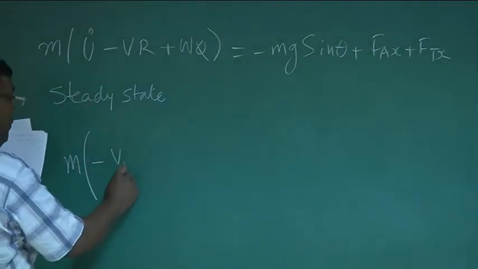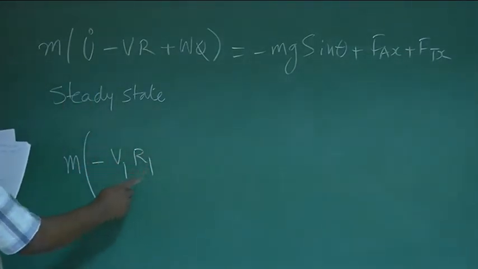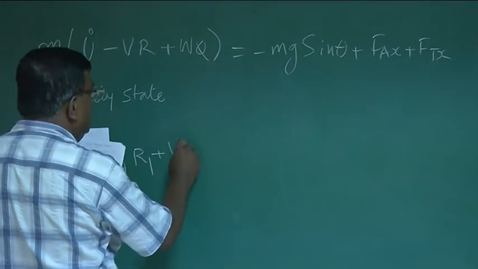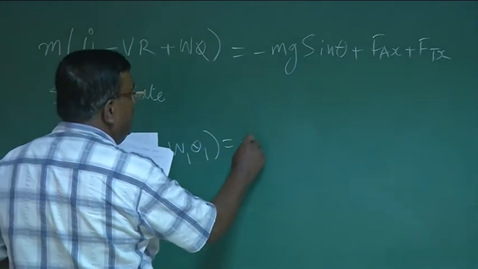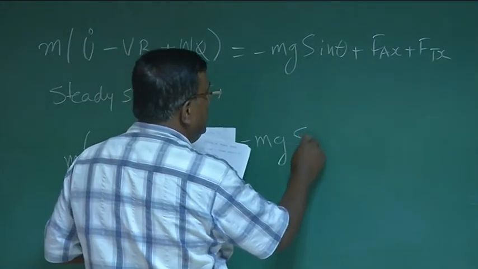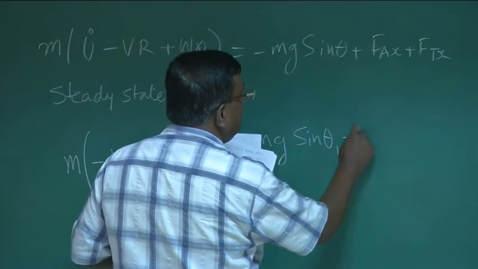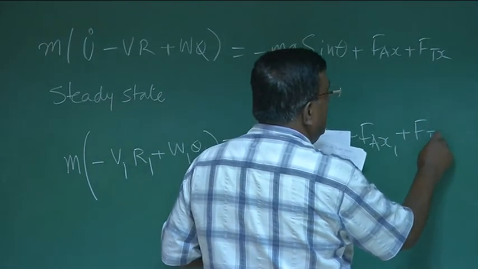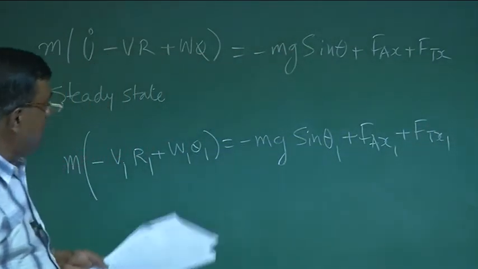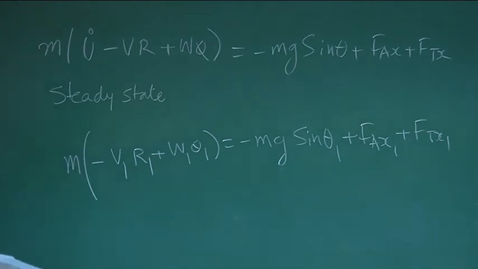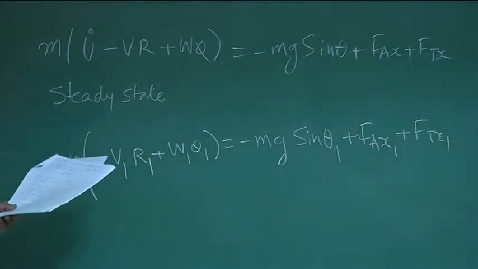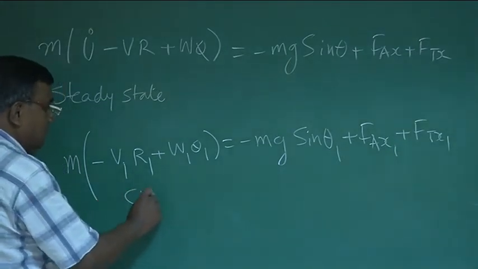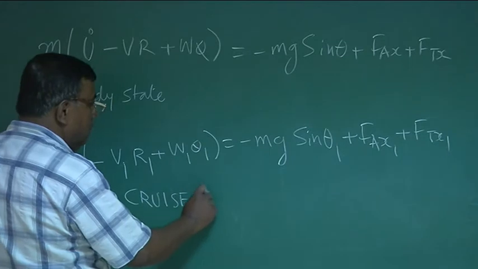So minus V1 R1 plus W1 Q1 is equal to minus mg sine theta 1 plus Fax1 plus Ftx1. Whenever we write 1, that corresponds to steady state, right? Okay. Similarly, I can write for the other equations. For example, if it is a cruise flight, let's say cruise flight.